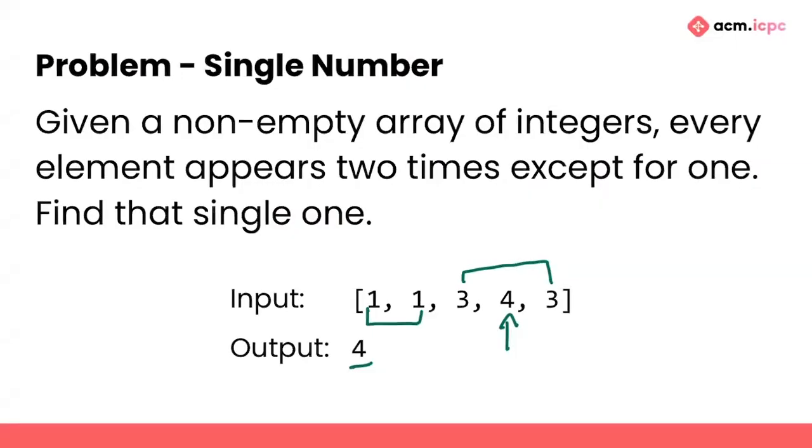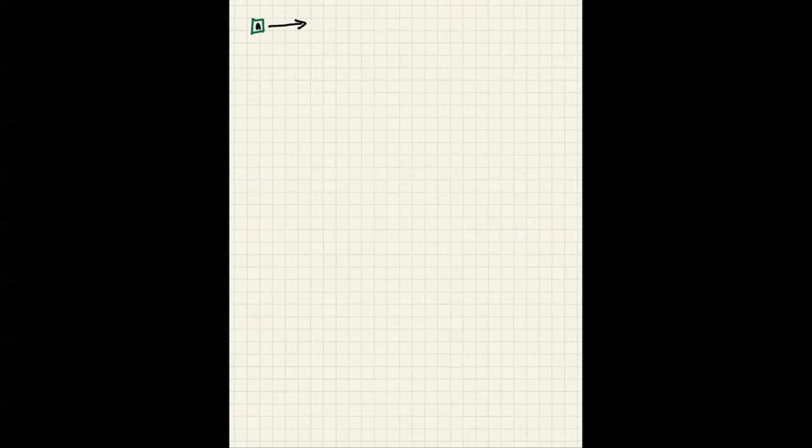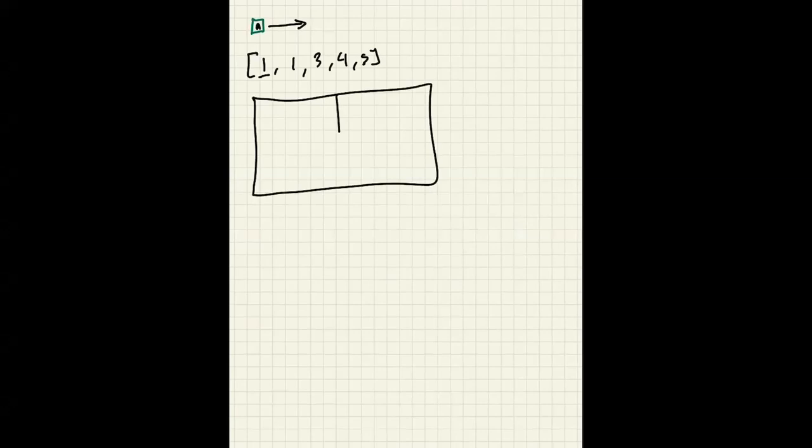Since every element appears twice except for one, we can put this all into a hash map. When we go through 1, 1, 3, 4, 3, what would the hash map look like as we keep adding numbers that have appeared? We start off with a key value store that's empty.